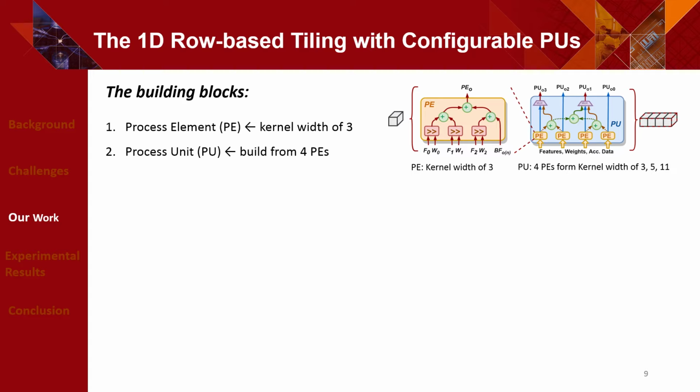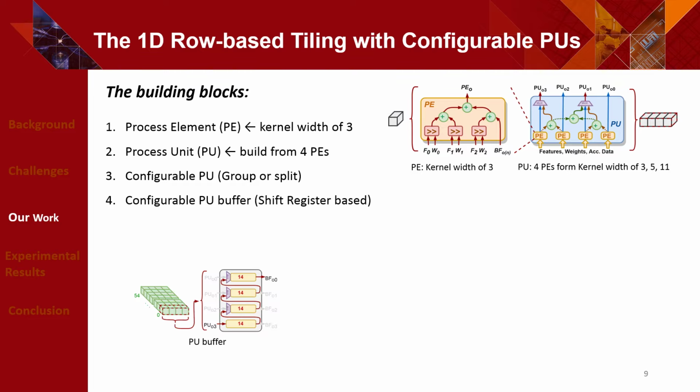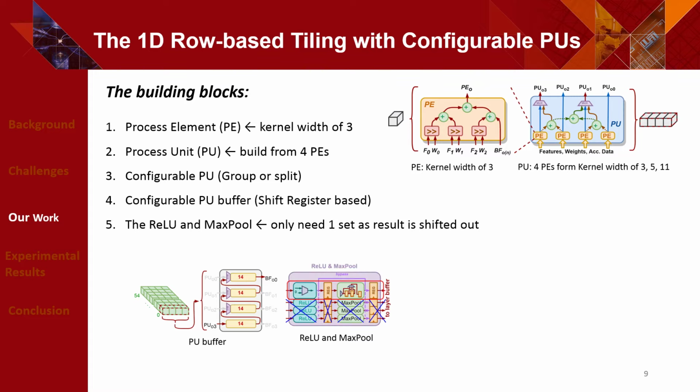However, there is still one serial pending, which is almost unable to avoid. So we can configure the PU in order to split or group to work with different kernel sizes. And afterward, during computation, we also need a configurable PU buffer to temporarily store the results from the PU itself.